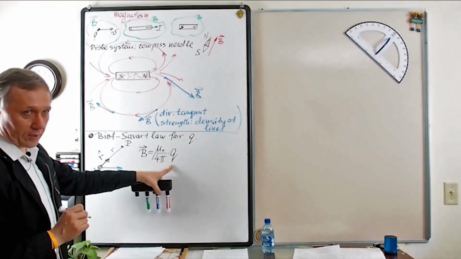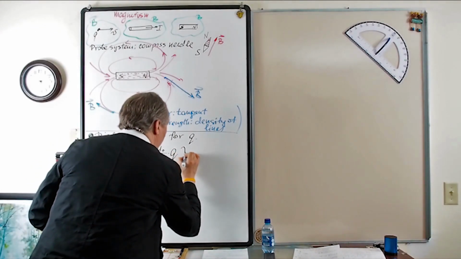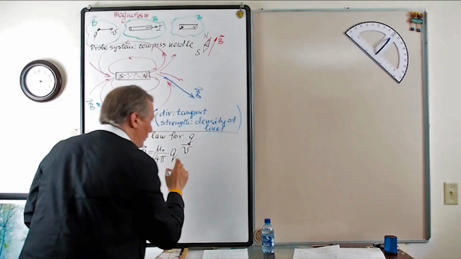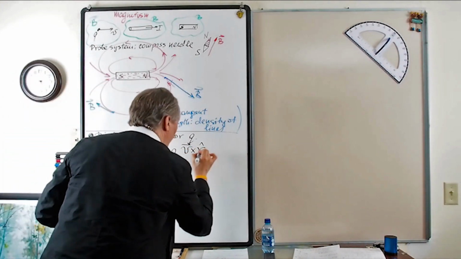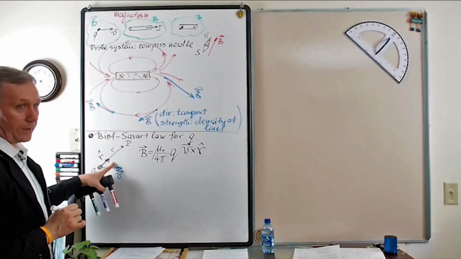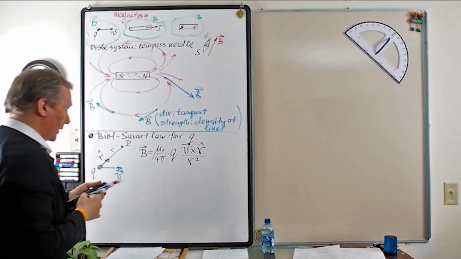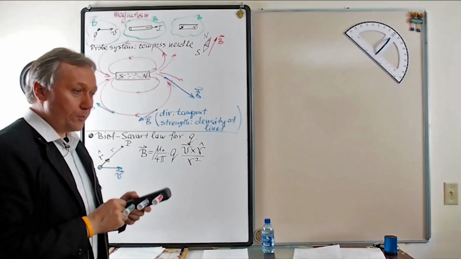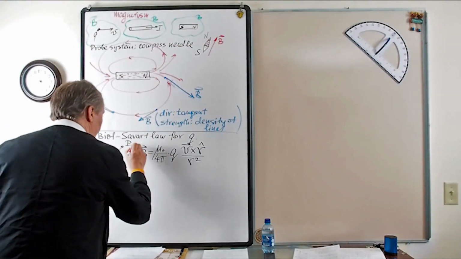It can be positive, it can be negative, it depends on the charge. Then the cross product, or vector product, of the velocity vector and our unit vector r hat, divided by r squared. So that's the Biot-Savart law for a point charge. Okay, I can frame it.